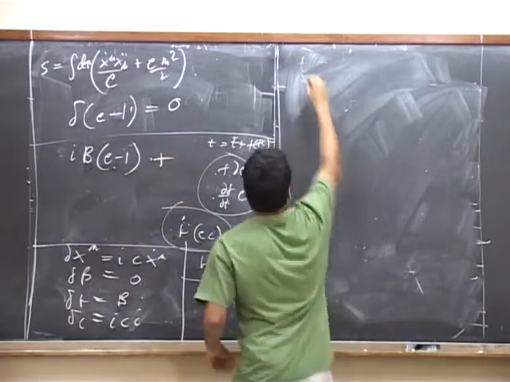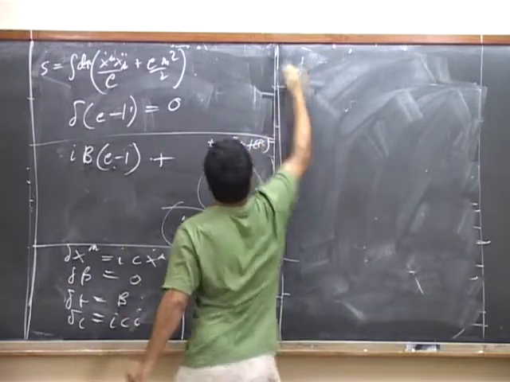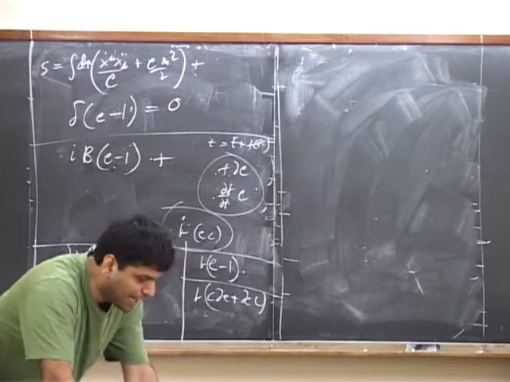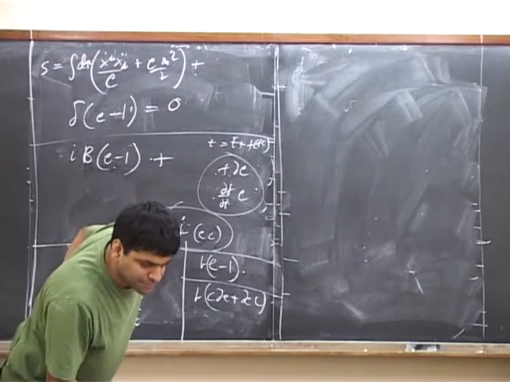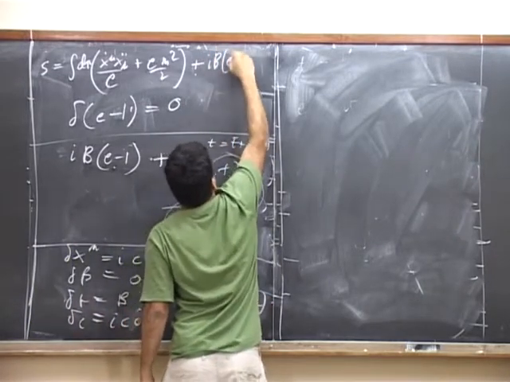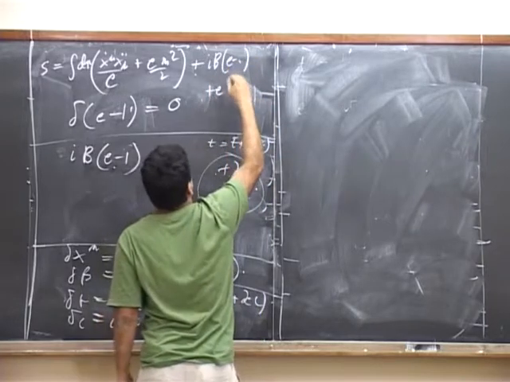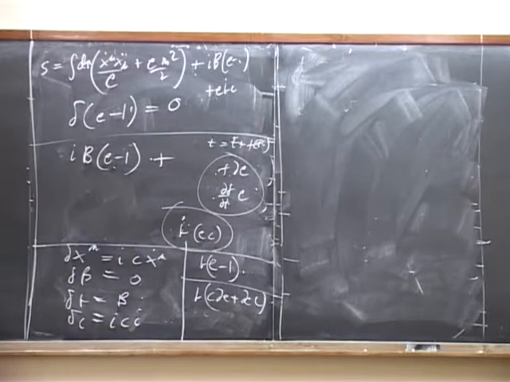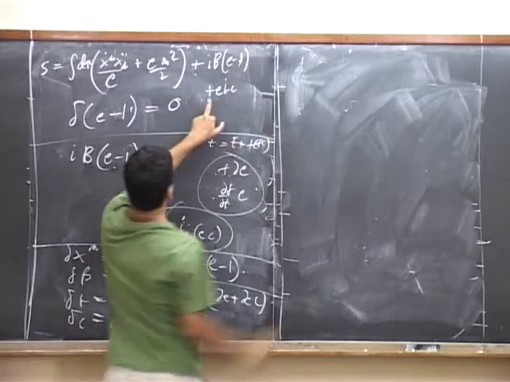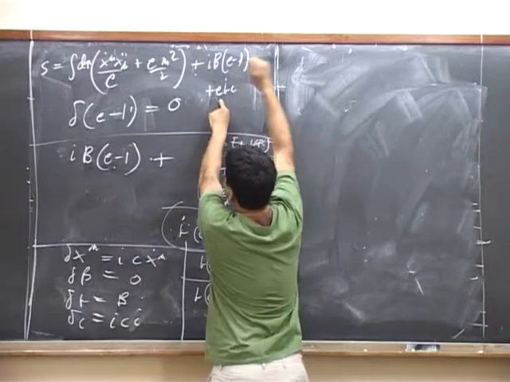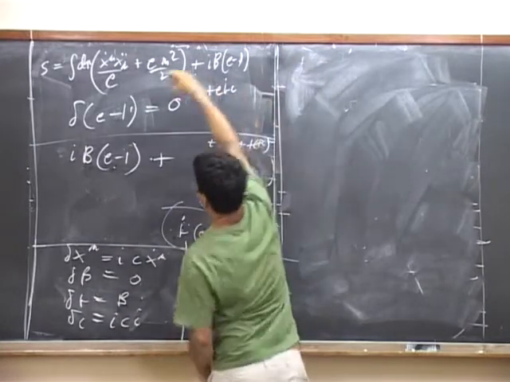So let's write down the action. The action was this plus, and we'll stick to, for instance, Casimir signs, this plus i times B into (E minus 1) plus E times say B dot C. Now, if we integrate out this B field, we lose the equation of motion that we would have got with respect to E. What is that equation of motion?